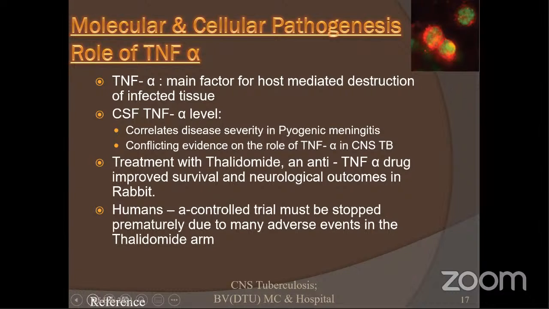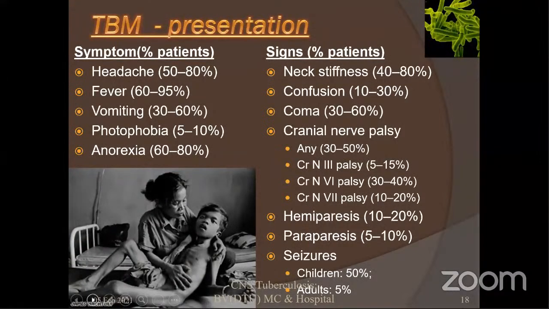People have targeted this, and they tried treatment with thalidomide and an anti-TNF alpha drug. It improved survival and neurological outcomes in rabbits, but when it was tried in humans, a controlled trial had to be stopped prematurely due to many adverse events. So really the pathogenesis and how the ultimate destruction takes place remains an enigma for a long time.